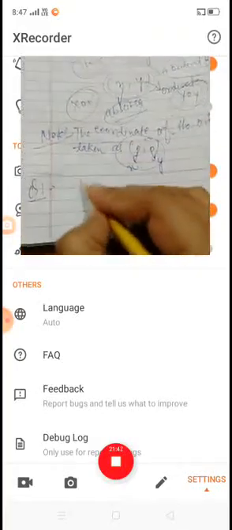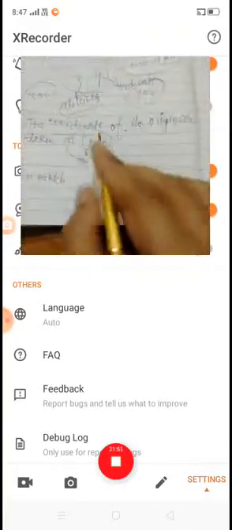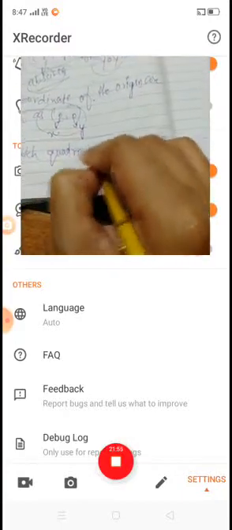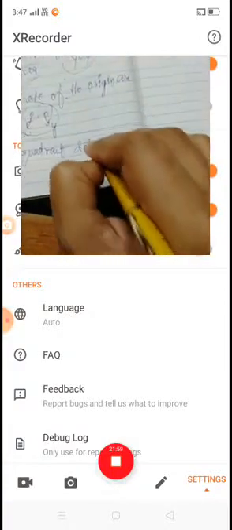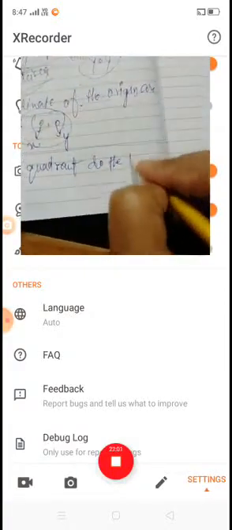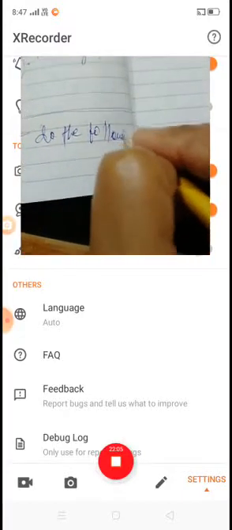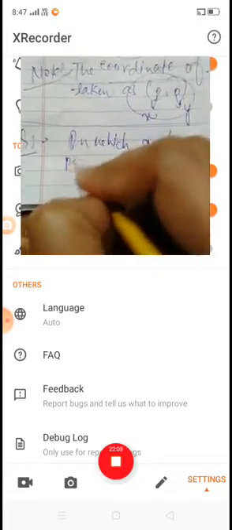Your question is: in which quadrant do the following points lie?